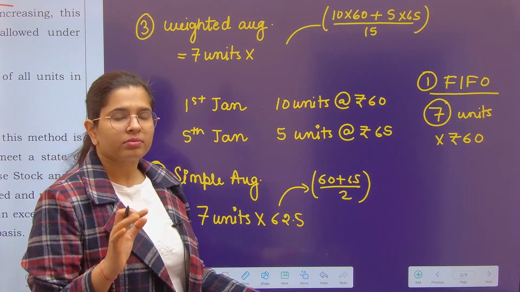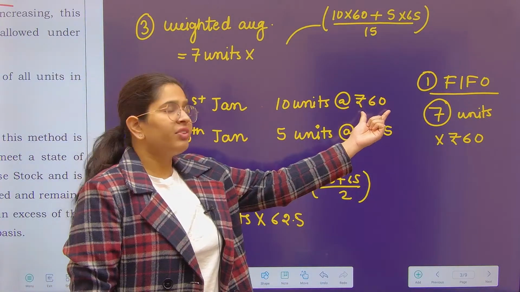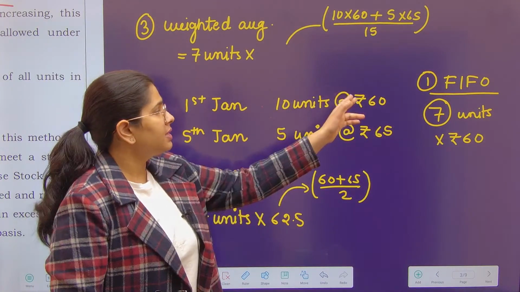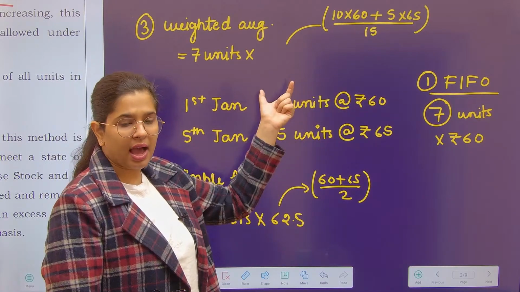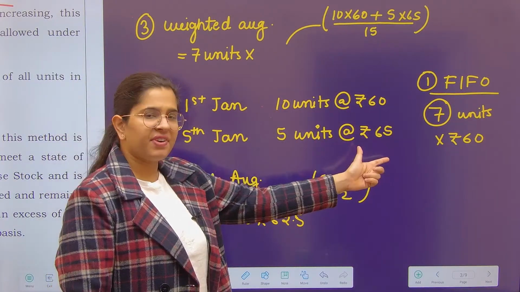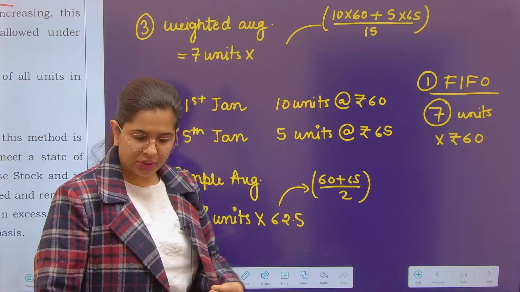So what I did in weighted average, I have given weights to the prices. This 60 rupees, I have purchased more units. This 65, I have purchased fewer units. So I have given weights to it.